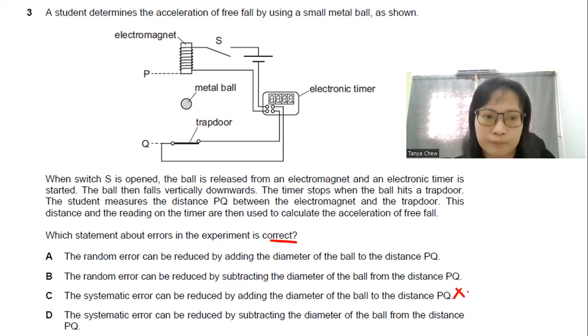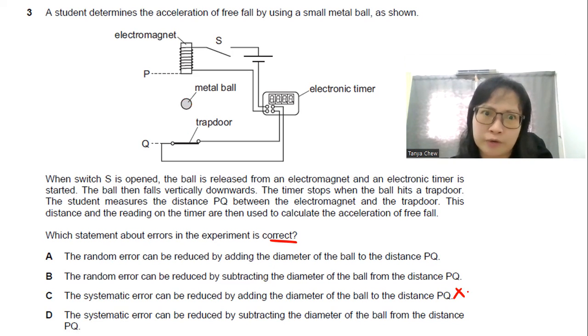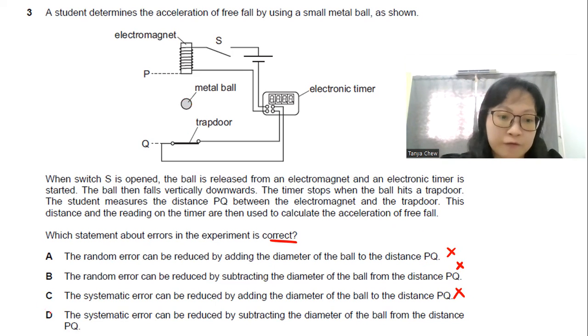So this is wrong. B: random error can be reduced by subtracting the diameter of the ball from the distance PQ. To me, random error can only be reduced when you repeat the experiment and you average. So this is wrong. A: random error can be reduced by adding the diameter. This is totally wrong. So therefore, the answer is D.